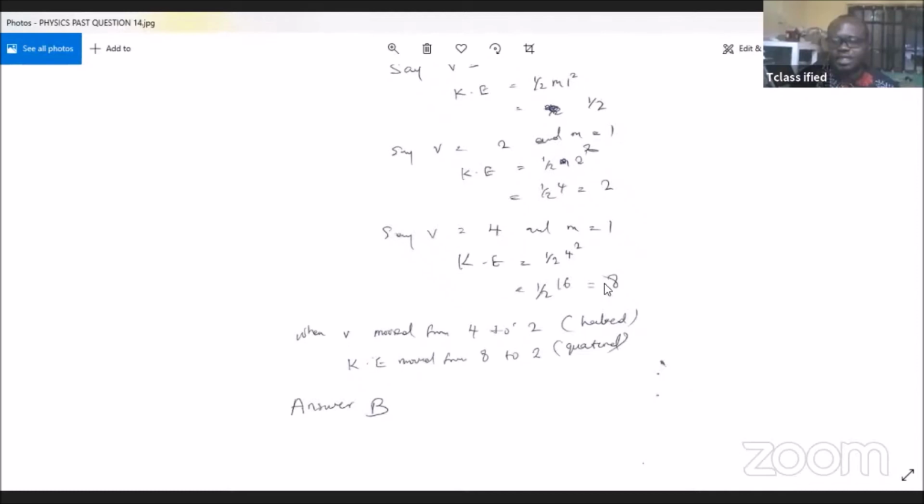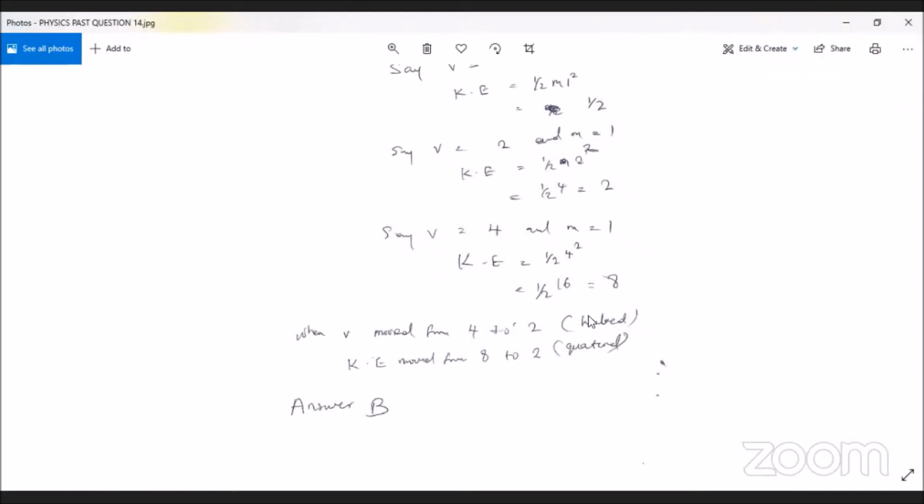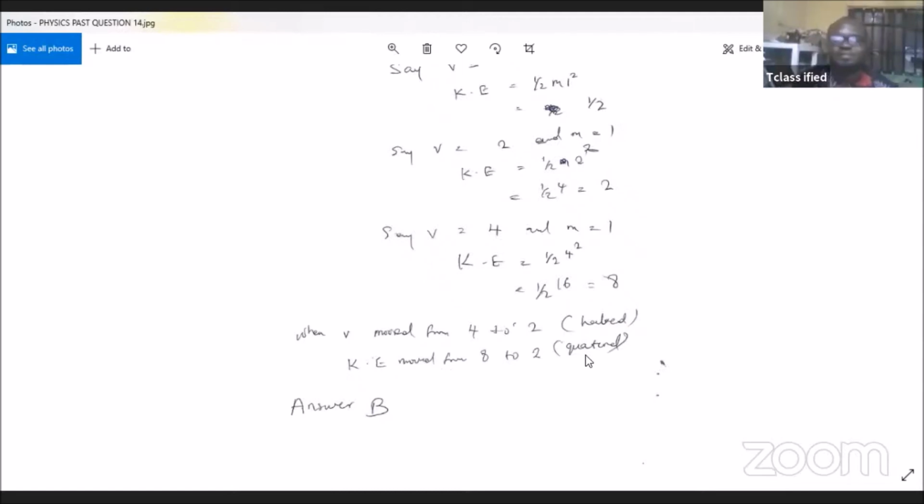But here the KE is 8, and here the KE is 2. And you know that 1/4 of 8 is 2. So it has actually been quartered, whereas the speed has been halved. So as you're halving the speed, the KE is being quartered.